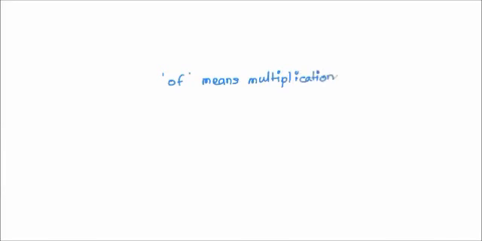For example, if I say I want 1/2 of 3 apples, 1/2 of 3 apples means 1/2, where "of" means multiplication, multiplied by 3, and that is equal to 1 into 3 divided by 2, which is equal to 3 upon 2.